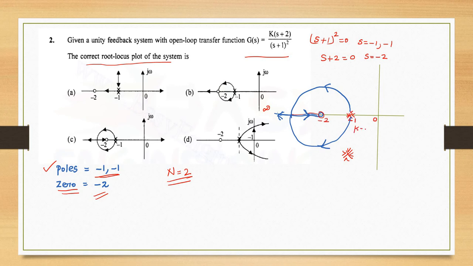This is the open loop pole, and it ends at infinity or ends at a zero. Here this is one branch and this is the next branch. The first branch ends at infinity, and the second branch ends at the zero.